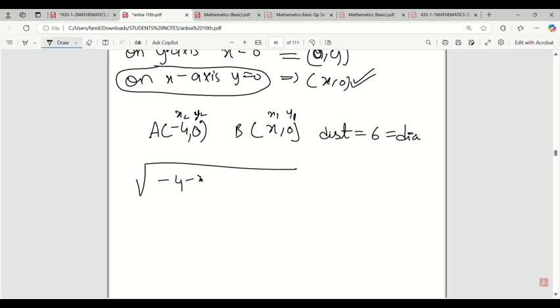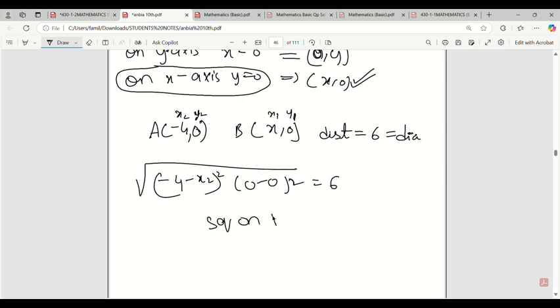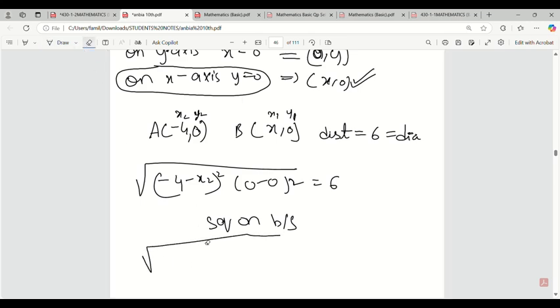Minus 4 minus x2 whole square, plus 0 minus 0 whole square, is equal to 6. The distance is 6. So we square on both sides so that the square root gets cancelled. Squaring on both sides, what will happen?